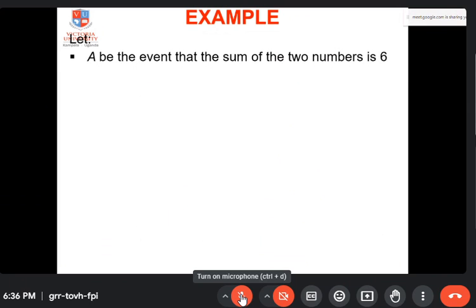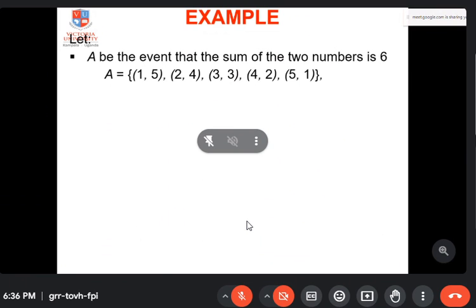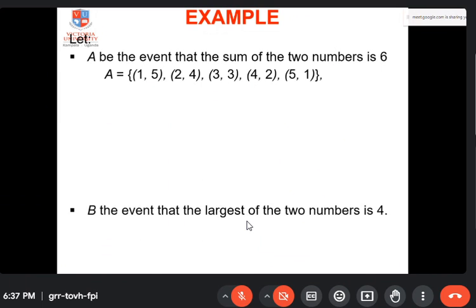Okay, you had missed that one. There is a 1-5 also. So that is what we have. So we have a 1-5, a 2-4, a 3-3, a 4-2, and then a 5-1. So that is event A, where the sum will be 6.